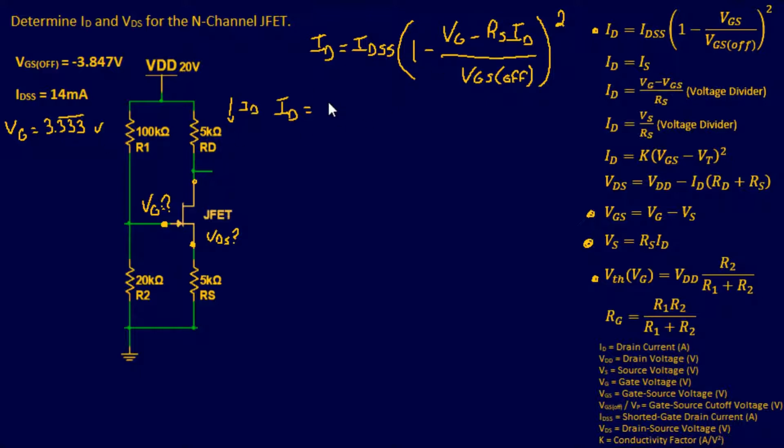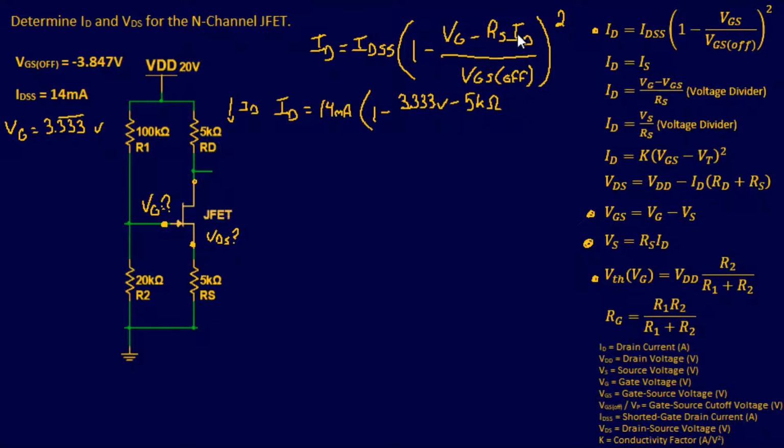So I have 14 milliamps, parentheses, 1 minus, and we know our voltage is 3.333 volts. I'm going to go out to 3 decimal places, minus, and we know our source resistance is 5K, so 5 kilo ohms. And I'm going to do one other thing.